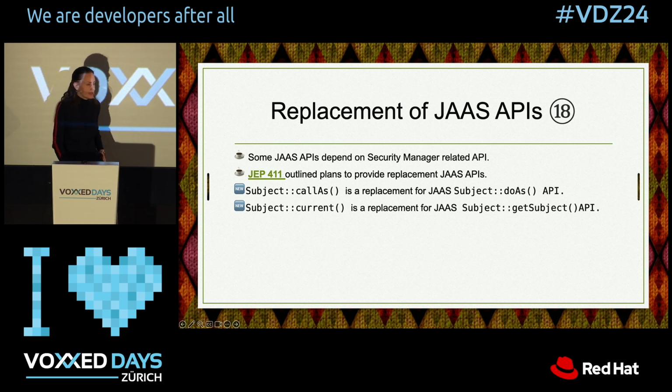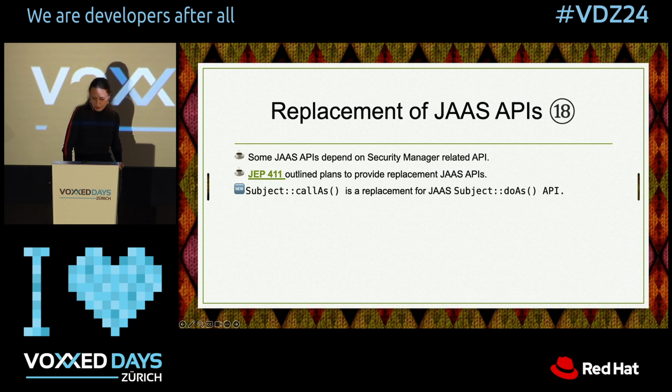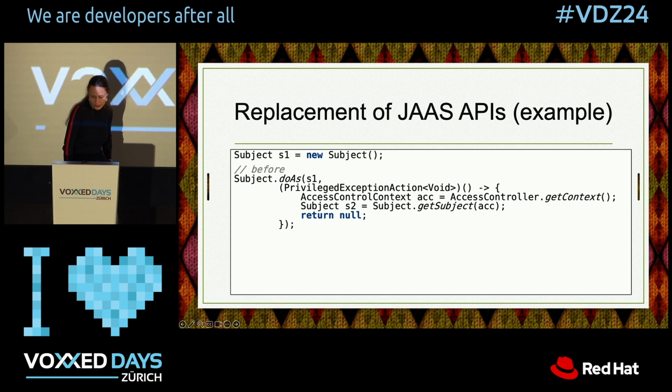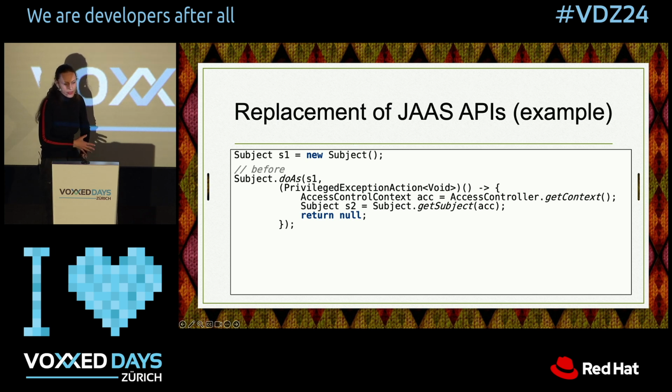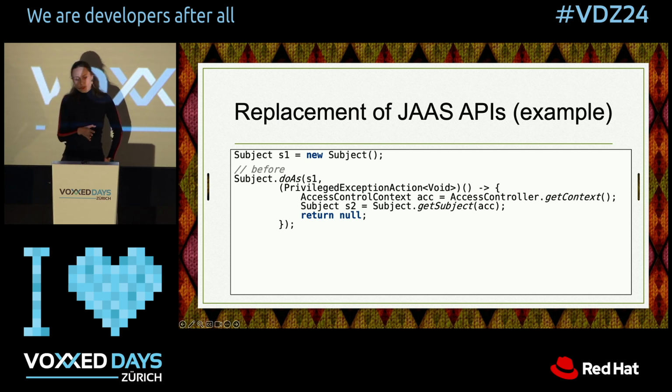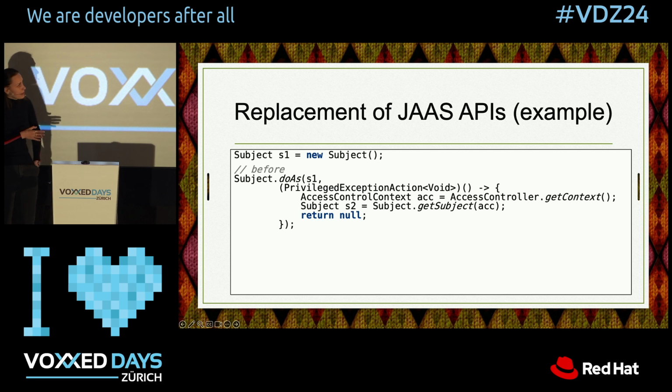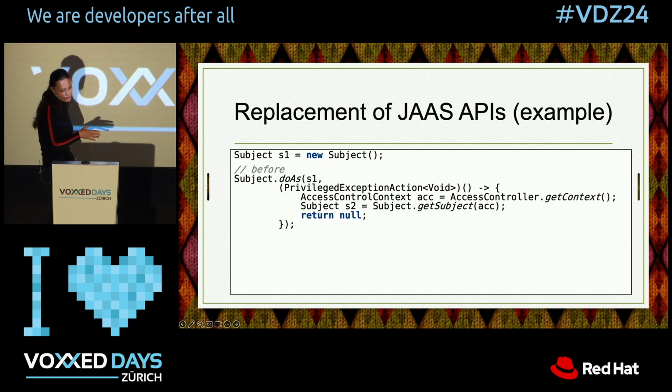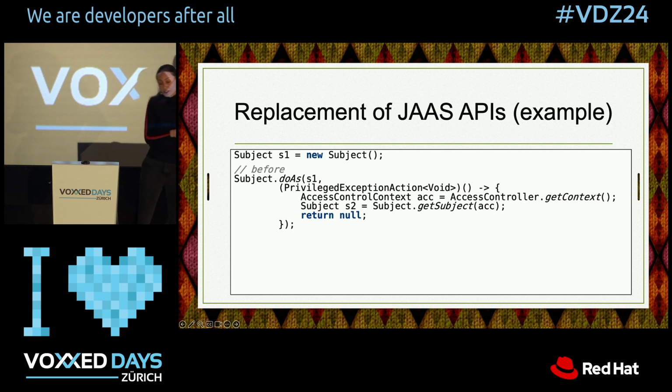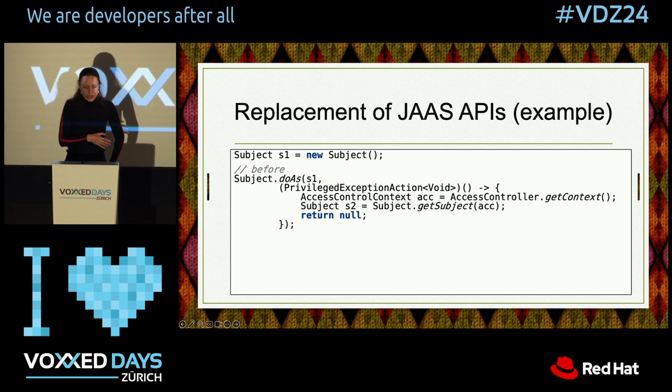And there was another change with the Subject getSubject API, and now it has Subject.current in there. So let's look at the example. This is the old API, where you want to work on a particular subject. What happened here is that it required getting the access control context first, and then you would get the subject based on that access control.